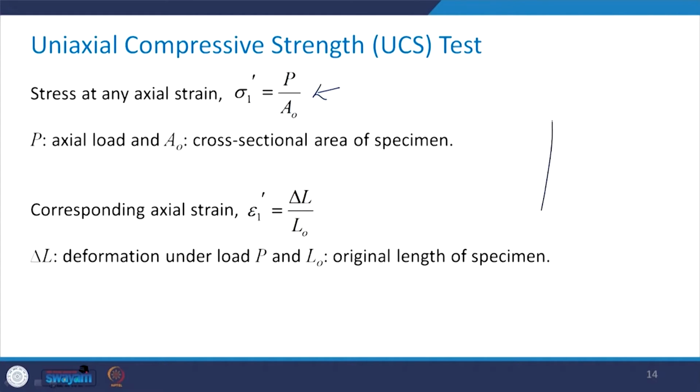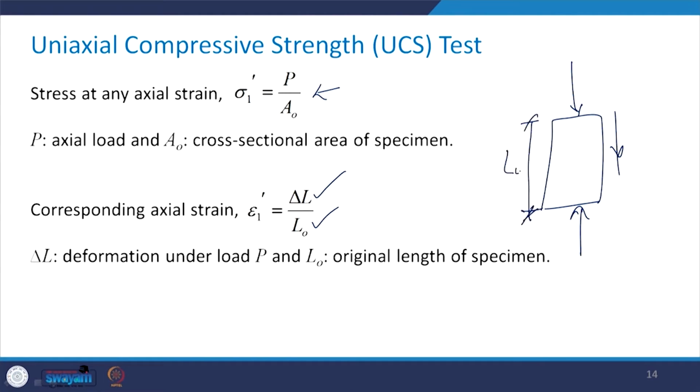You need to keep in mind that this is the specimen and the load is applied in the axial direction. So the corresponding axial strain is going to be whatever is the deformation in the direction of the loading, that is delta L, over L naught, the original length of the specimen.